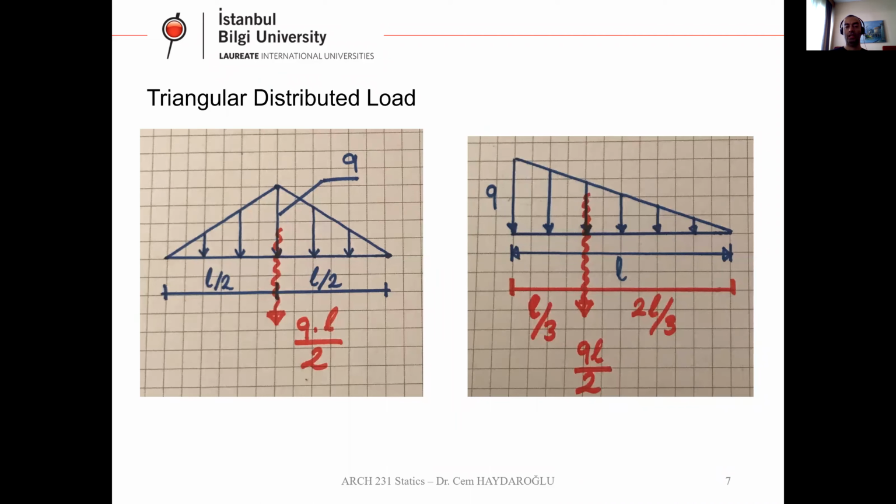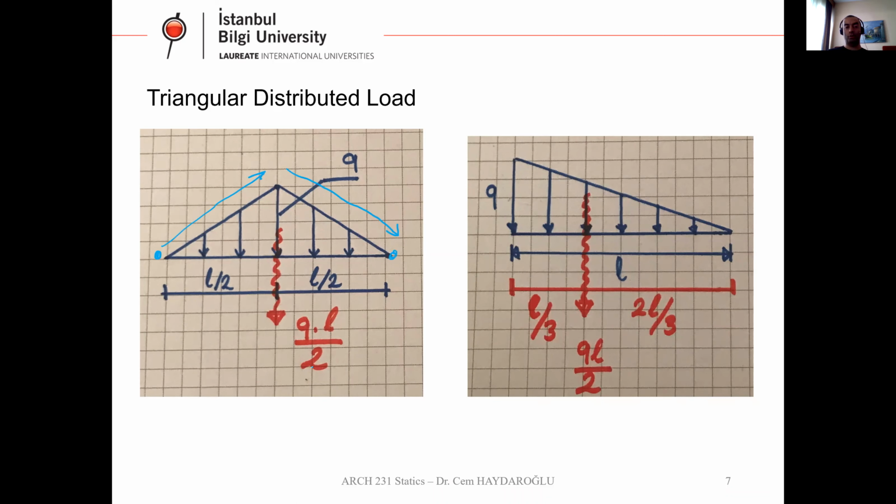We have triangular distributed load. As you can see, this is a kind of loading that starts from a 0 magnitude, goes up to maximum, and then goes down to 0 again.